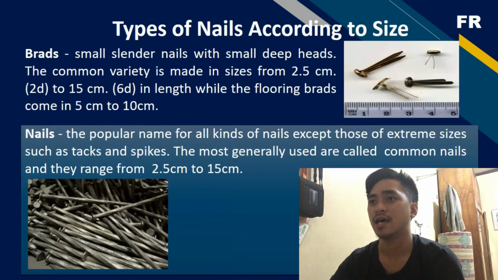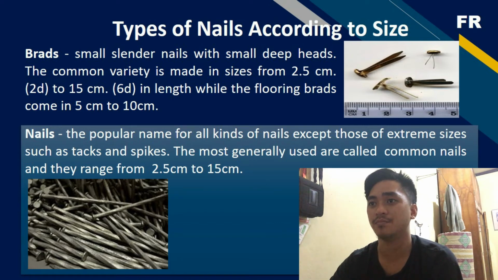Next is brads, small slender nails with small deep threads. The common variety is made in sizes from 2.5 centimeter 2D to 15 centimeter 6D in length, while the flooring brads come in 5 centimeter to 10 centimeter.